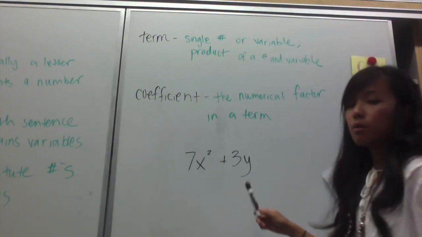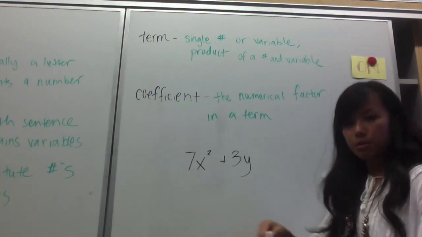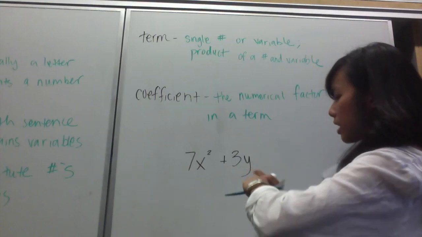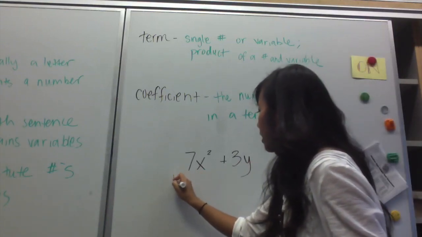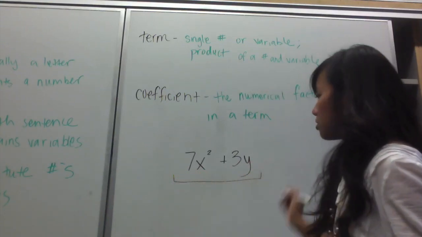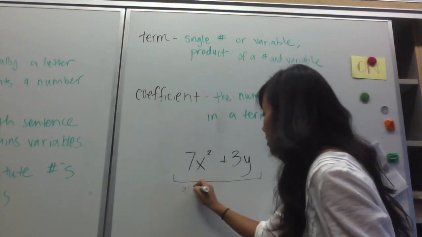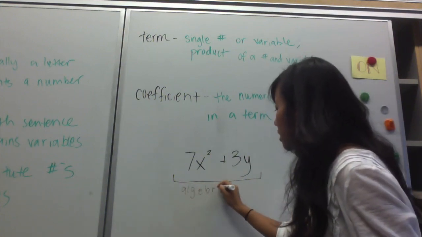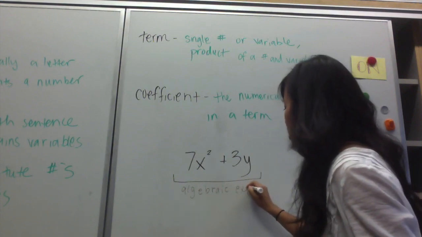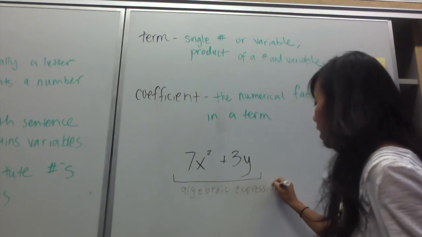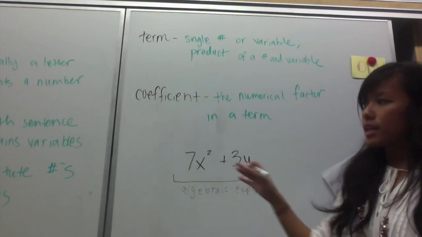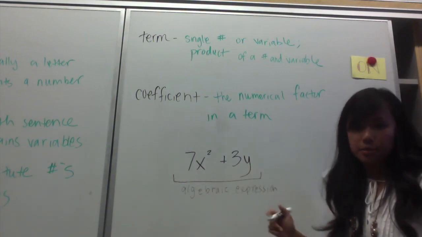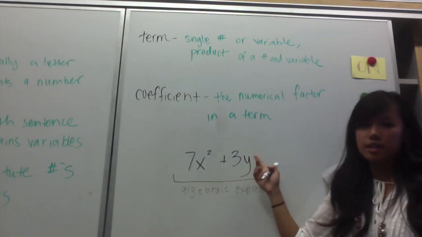So what you do, on your notes, write this example down, okay? And what I want you to do is label. So I'm going to bracket this whole thing, and this right here is an algebraic expression. Okay? Because, as we said, it's a math sentence that contains variables. So here's a math sentence, and it contains x, y.